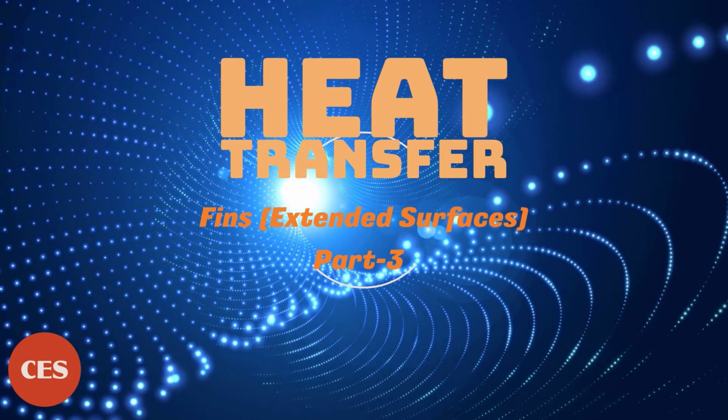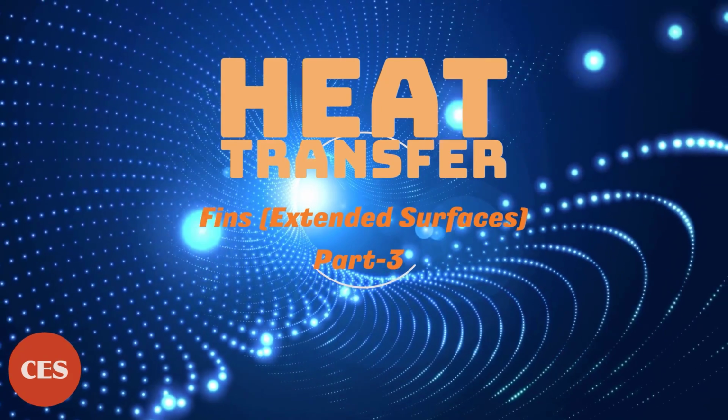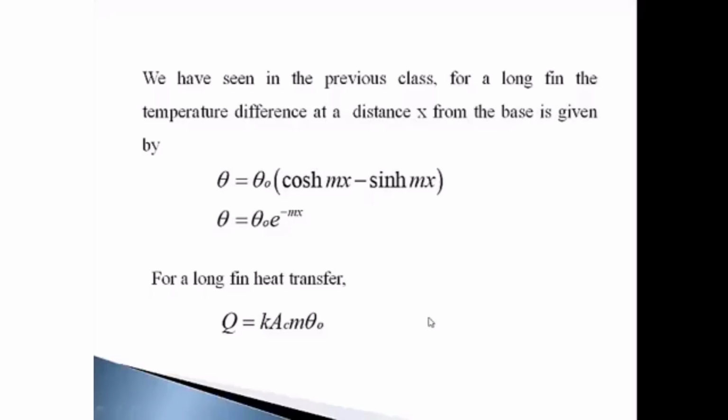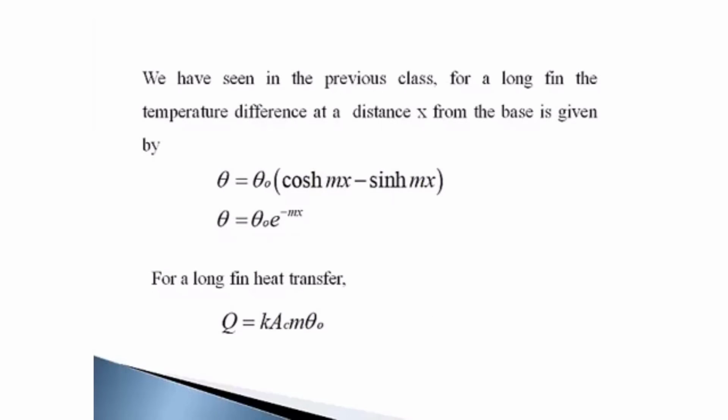Hi everyone. In today's class, we'll work out a numerical example on long fin. In the previous class, we have seen the heat transfer through a long fin and the temperature difference along the length of the fin.